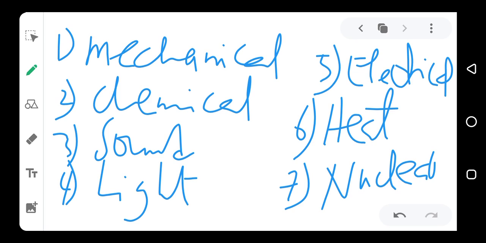Now we have heat energy. Heat energy is a form of energy that is stored in an object as a result of its temperature. The energy that is stored in an object as a result of its temperature is what we call heat energy.